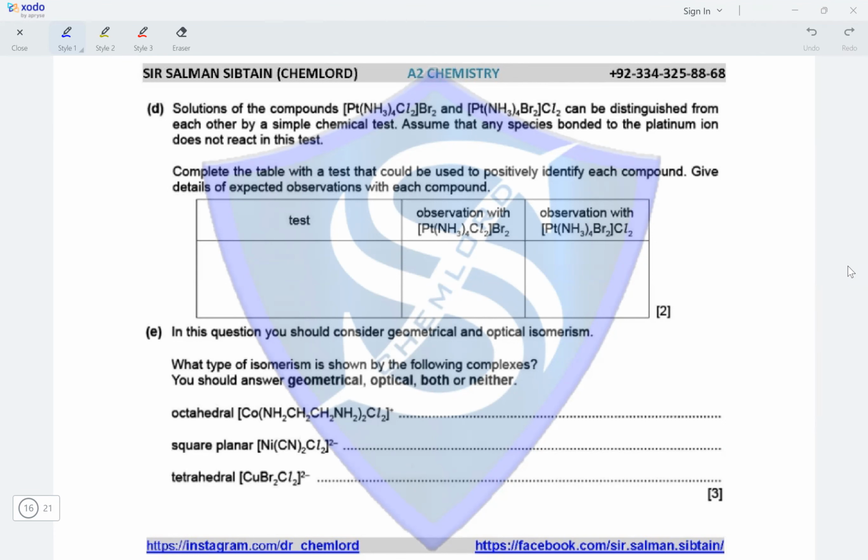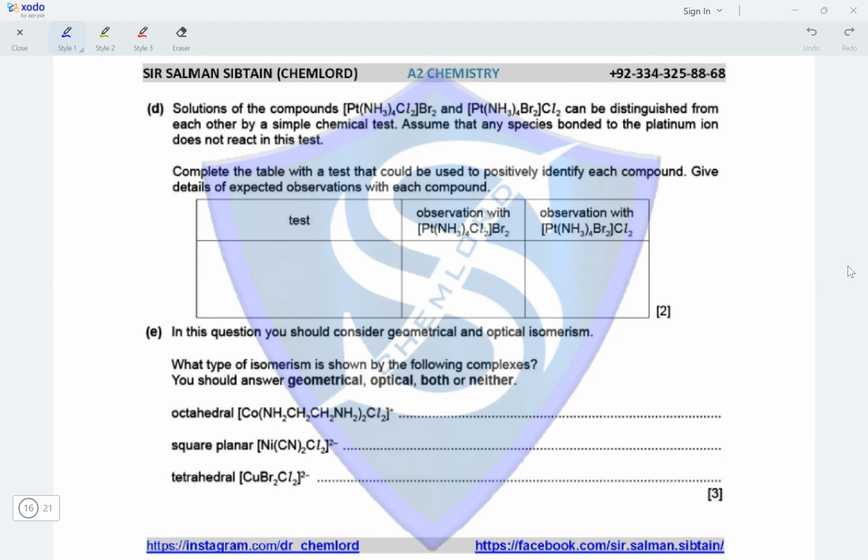Can be distinguished from each other by a simple chemical test. Assume that any species bonded to the platinum ion does not react in this test. Complete the table with a test that could be used to positively identify each compound. Give details of the expected observations with each compound.